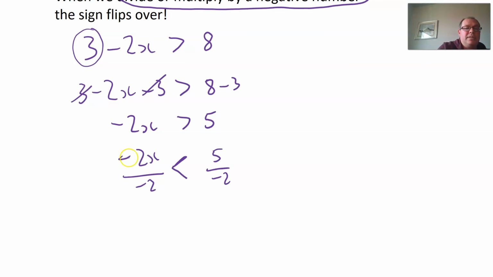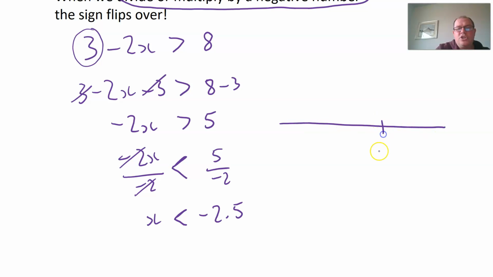Now, negative 2 divided by negative 2 cancels, leaving an x. And 5 divided by negative 2 is minus 2.5. Let's show that on a number line. So I'm going to show minus 2, and here's minus 3. Minus 2.5 is about here. I'll write it in. I'm not including the point, so it's hollow, and I want smaller than.